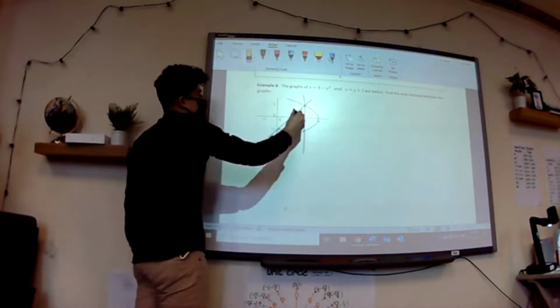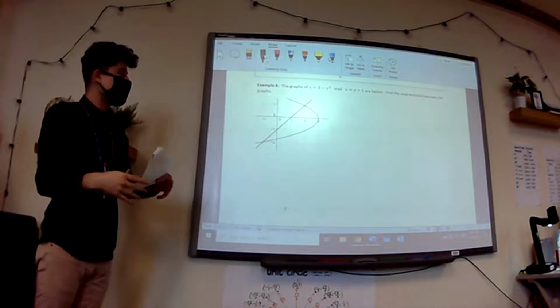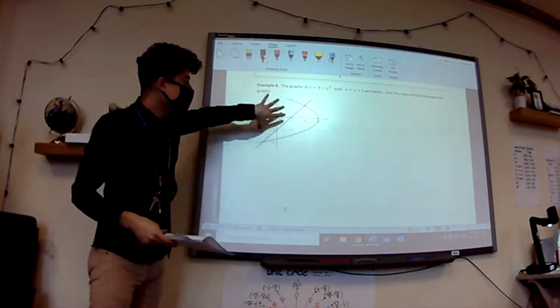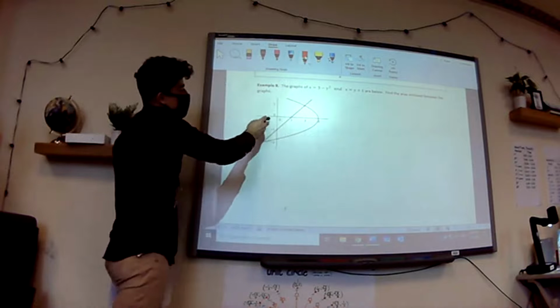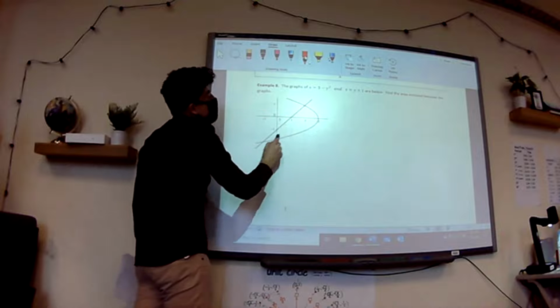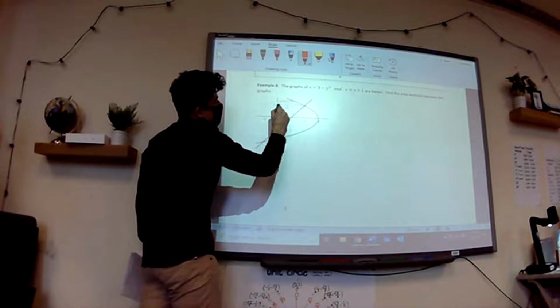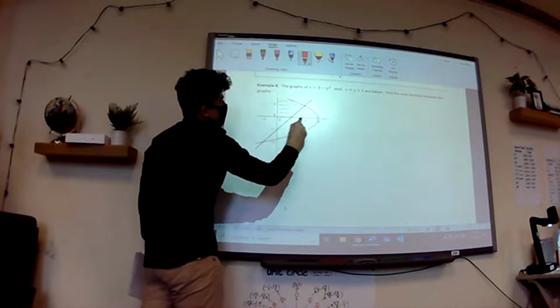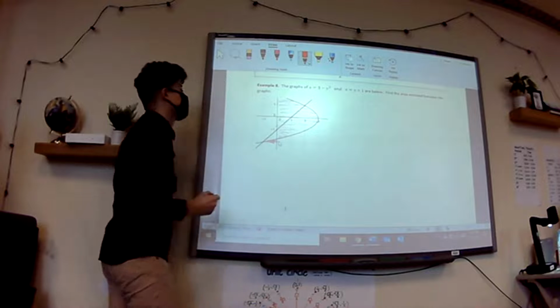But if you do it horizontally, if you do the area with respect to y, then look what happens. You would be getting the area between this parabola and the y-axis would look something like this. And then this.